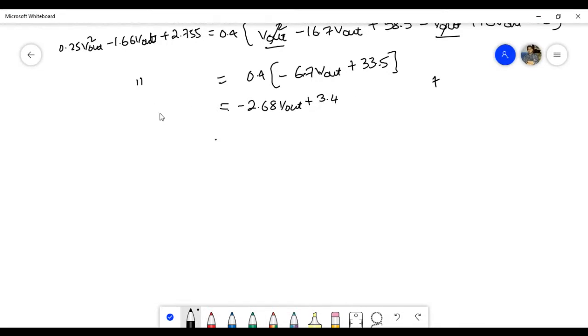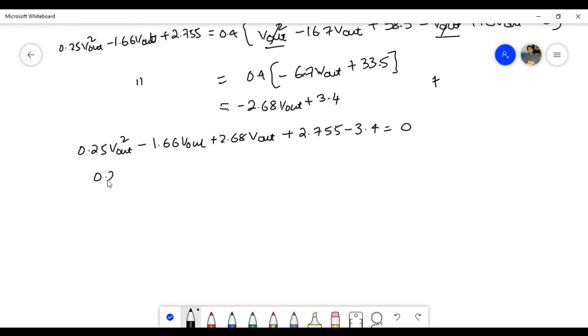Okay, so here it is. Let us bring all these terms here. So 0.25 V out square minus 1.66 V out plus 2.68 V out plus 2.755 minus 13.4 equals to 0.